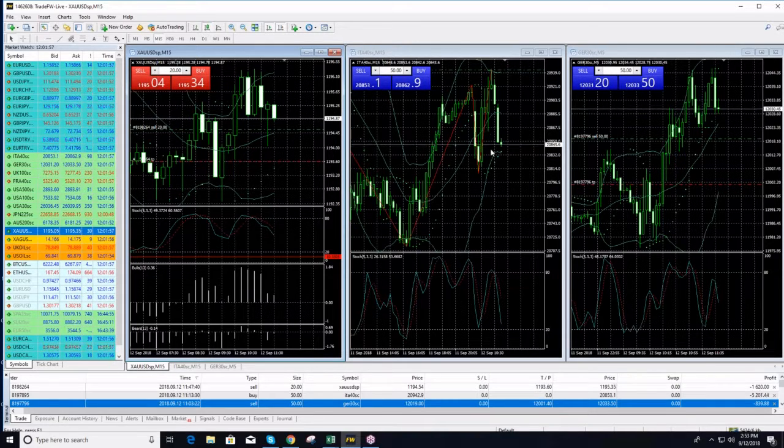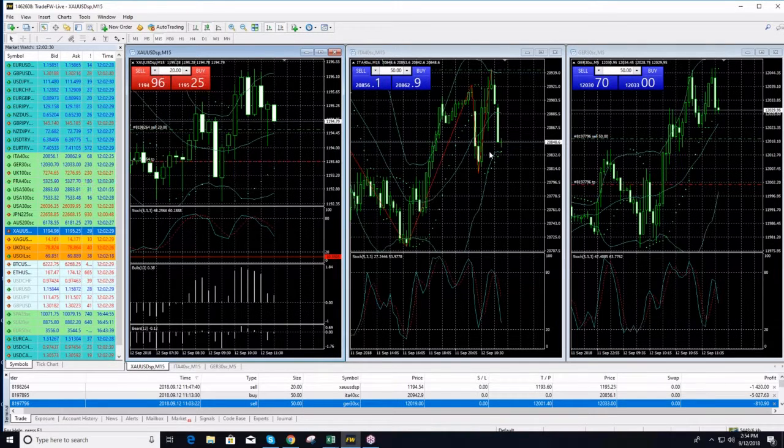Italy 40 is still dropping. As I said, I'm expecting at around 20,820-ish to get a strong reversal signal, and we'll be okay. Now, some of you guys, this is what I say, Mary, that with Italy 40 I will go long again at around 20,820-ish.